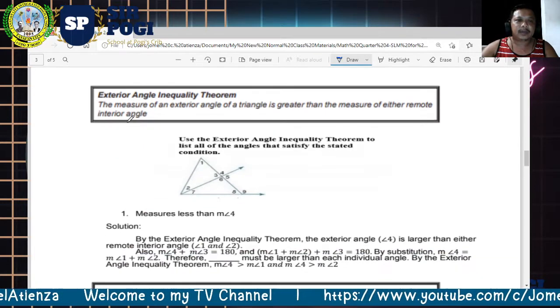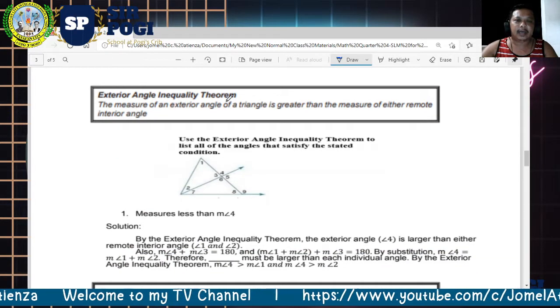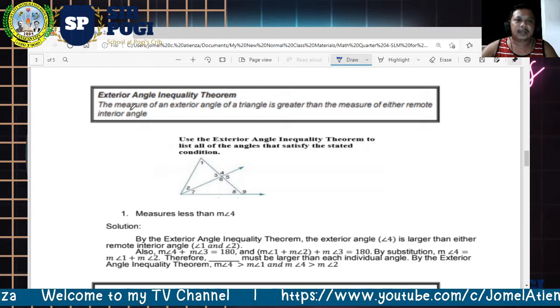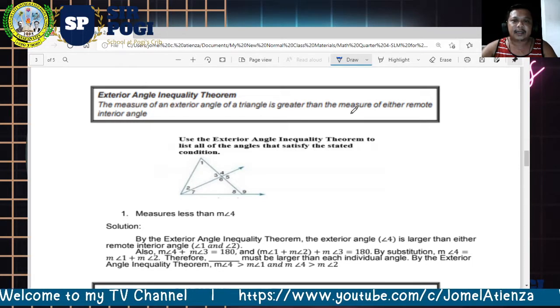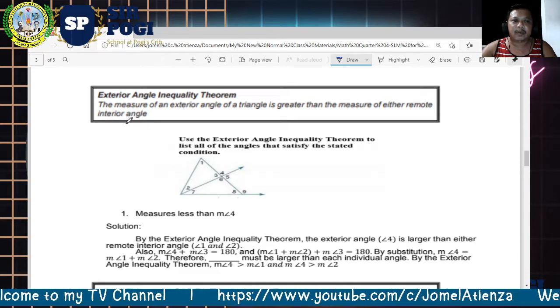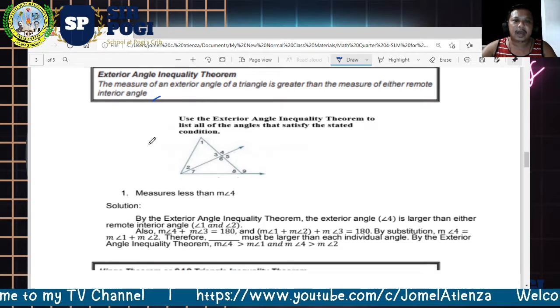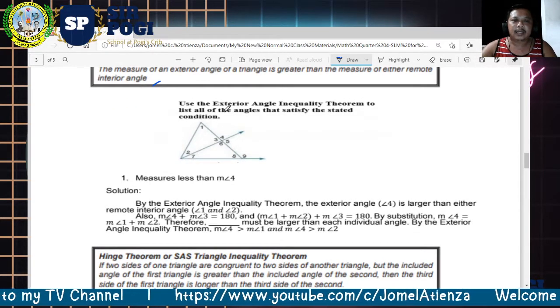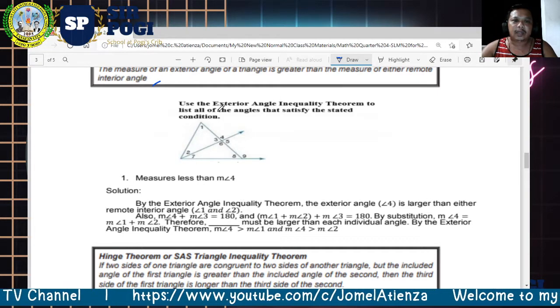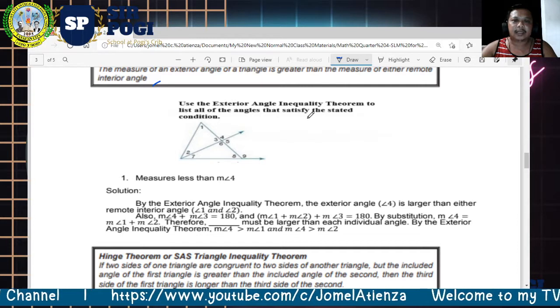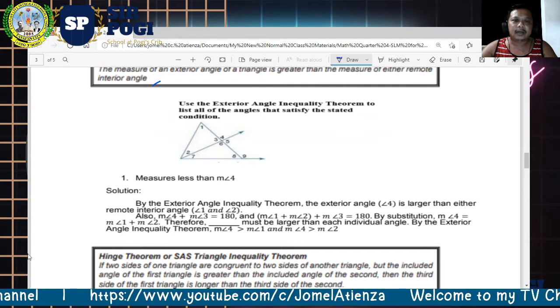Then let us now proceed to the exterior angle theorem: the measure of an exterior angle of a triangle is greater than the measure of either remote interior angle. Use the exterior angle inequality theorem to list all of the angles that satisfy the stated condition.